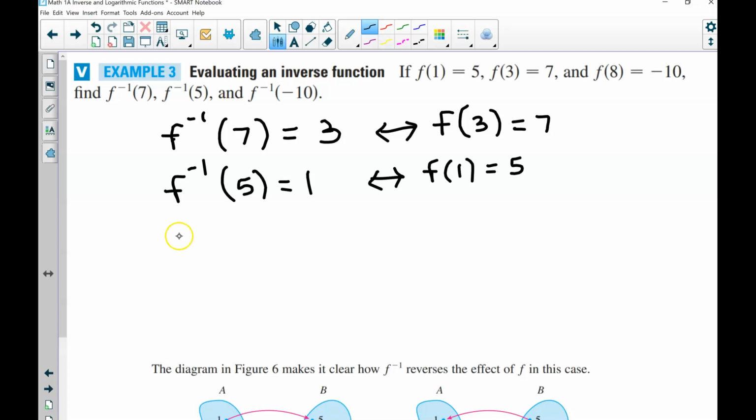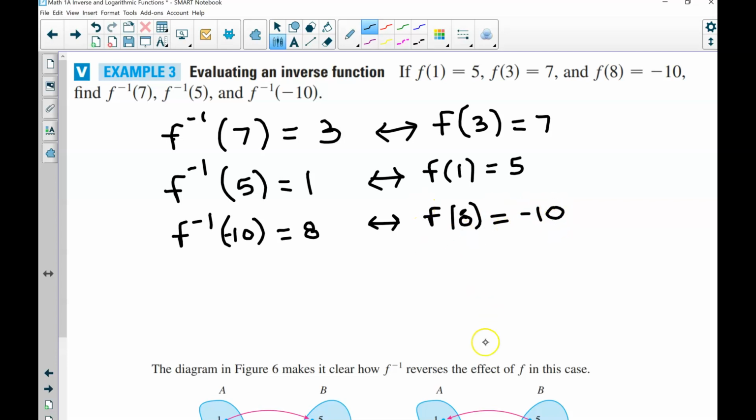And if we want to find f inverse of -10 when -10 is the input, well, what is the output? Then the output is 8. And that's because when the input is 8 of that function, the output is -10.